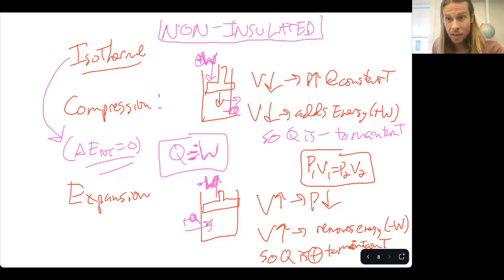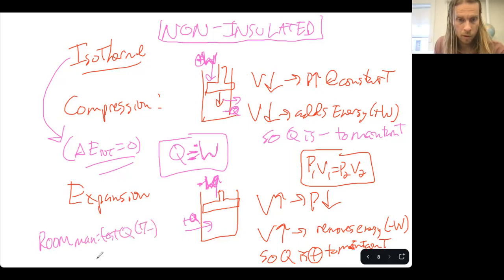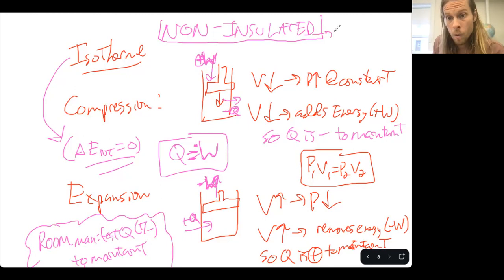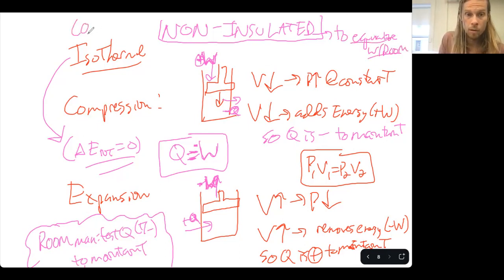But what happens is the heat regulates, so the room manifests Q, positive or negative, to maintain T. So when we say it equalizes with the room, that means you have to allow it to equalize with the room's temperature. You have to allow heat conduction. Boom. So Q is never 0 in an isothermal process. We did it. Sounds good to me. Have a great day. See you in class.